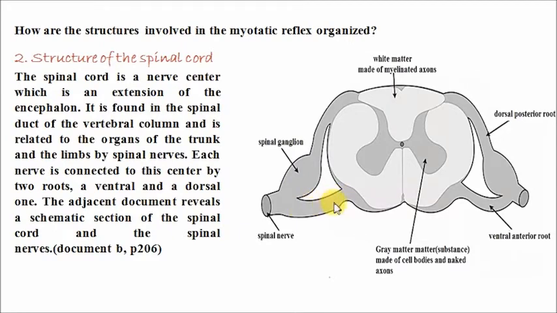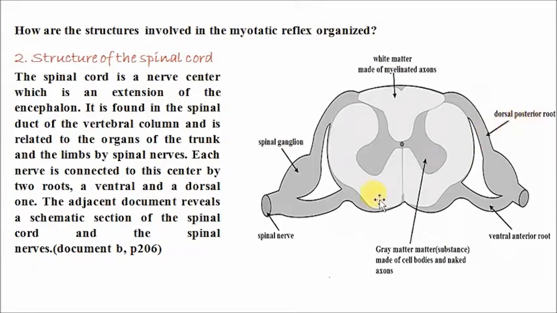Each root here has a name. This root here is called the ventral root, which is also found here. This is the ventral anterior root, also referred to as the anterior root. Now, the root here is called the dorsal posterior root. This is the dorsal posterior root, and this is another dorsal posterior root.